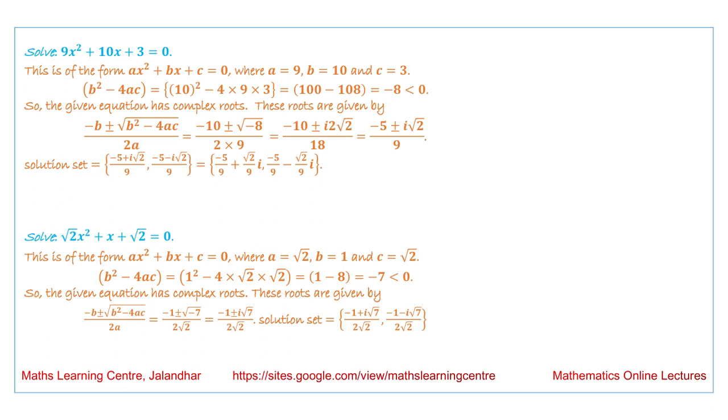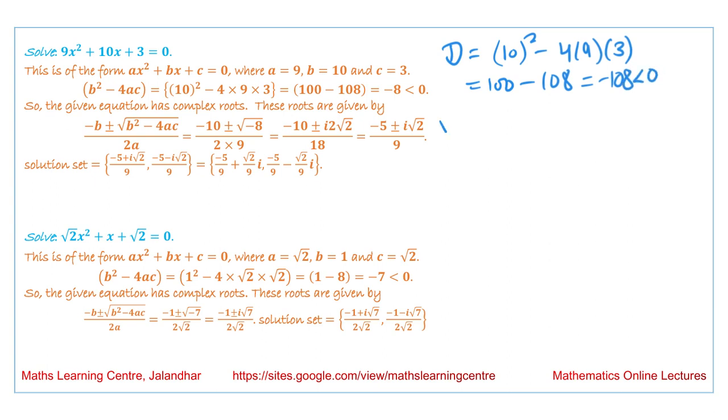Next equation we have is 9x square plus 10x plus 3. So in this case the value of D is b square minus 4ac. It is 10 square minus 4 into 9 into 3. So the answer we have is 100 minus 108, that is equal to minus 8, and it is less than 0. So square root of D is square root of minus 8, that is equal to 2 root 2 iota.